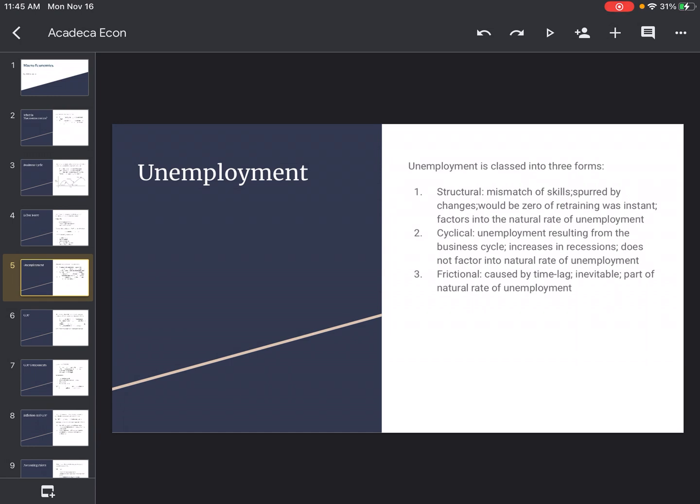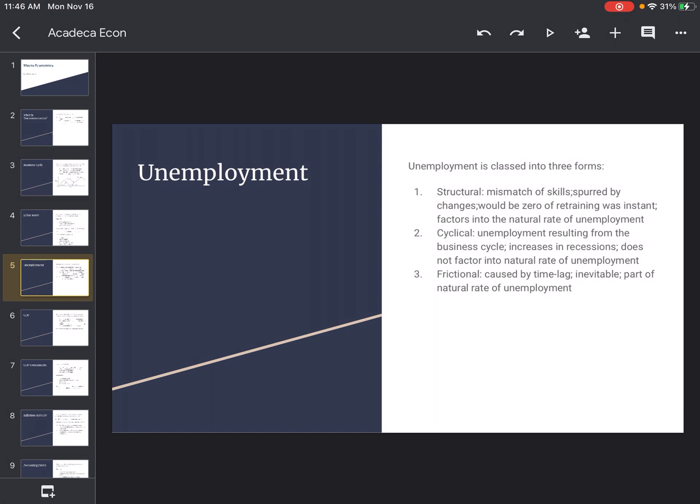Unemployment is classified into 3 forms. Number 1, structural: the mismatch of skills spurred by changes, which would be 0 if retraining was instant and free, and it factors into the natural rate of unemployment. Number 2, cyclical unemployment, which is unemployment resulting from the business cycle.